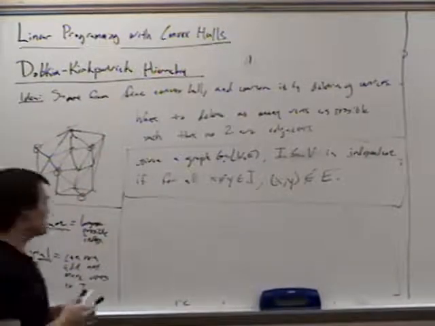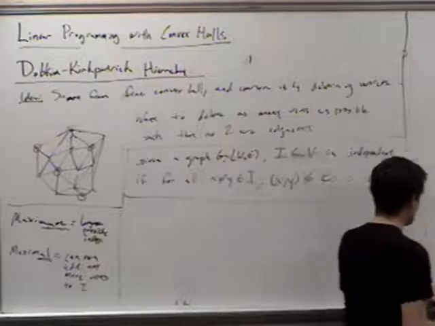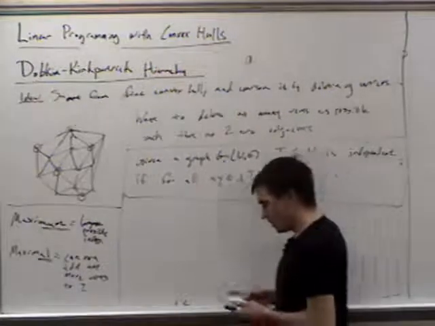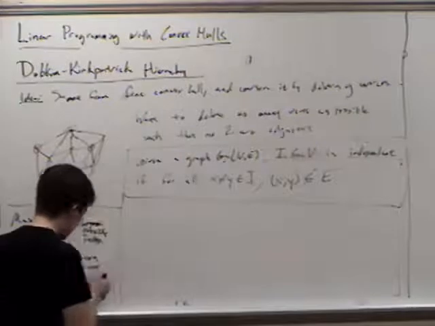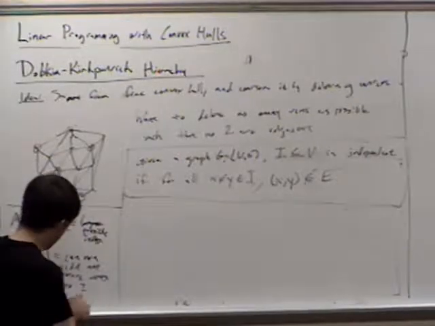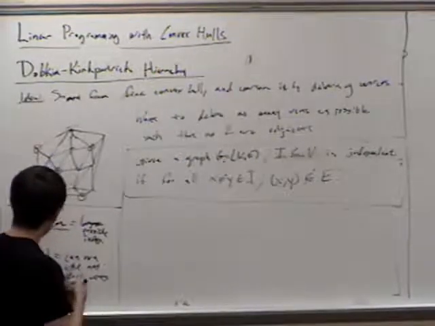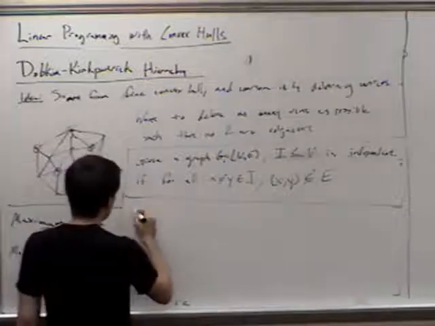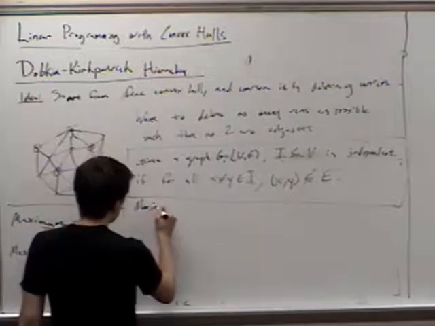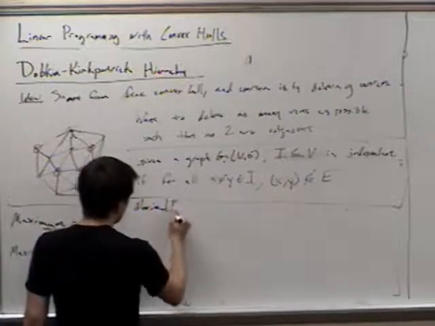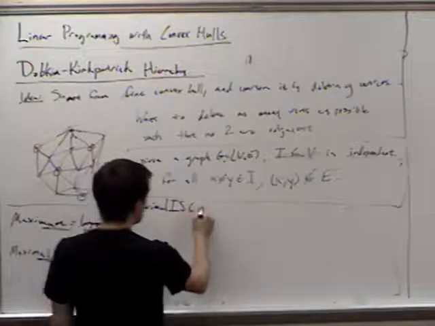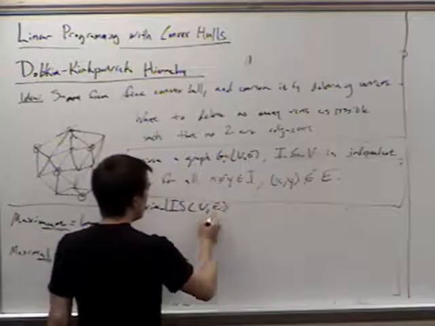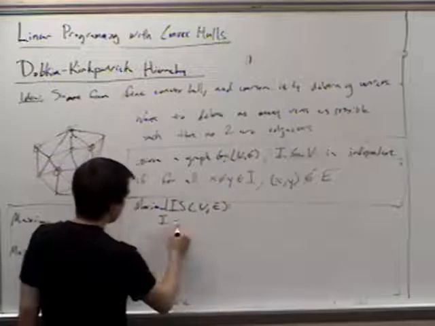All right, so here's the idea. Maximal independent set, we'll call it maximal IS, and we give it V and E. The idea is very simple.